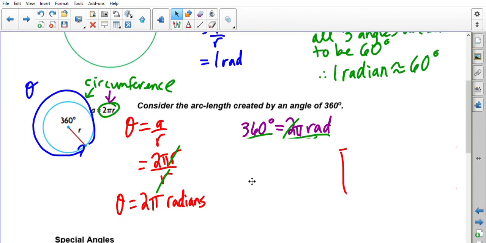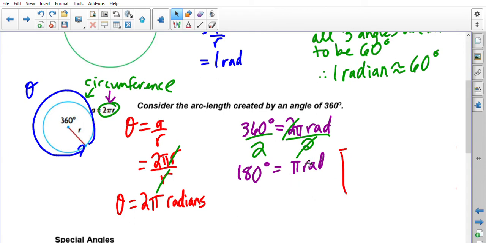So let's keep breaking it down. Let's divide by 2 on both sides. When we divide by 2, I get that pi radians is equal to 180 degrees. So a few things I found out: 180 degrees is pi, and a full rotation is 2 pi.